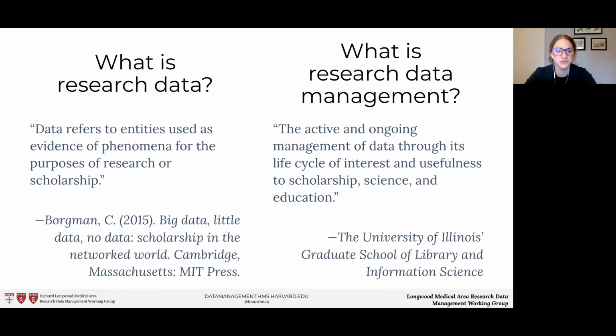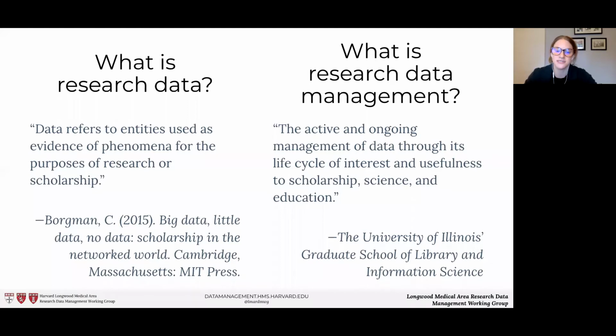The focus is really on how data are used, particularly as evidence of phenomena for the purposes of research and scholarship. Research takes a lot of different forms, and it can be encoded in many kinds of formats.